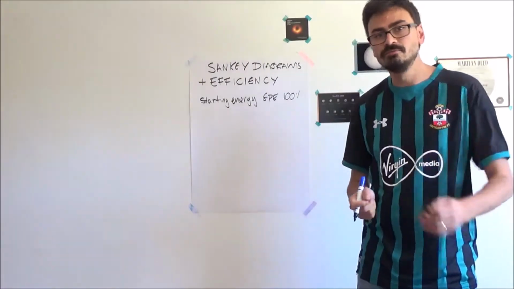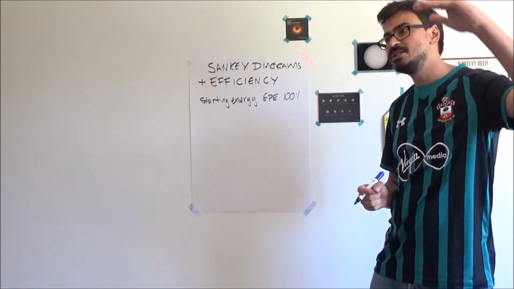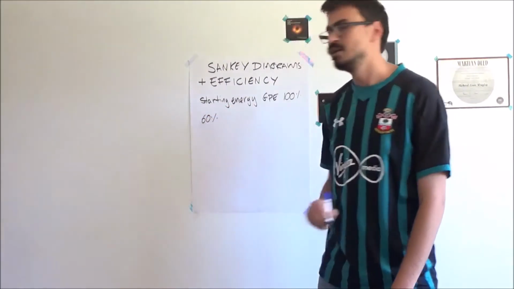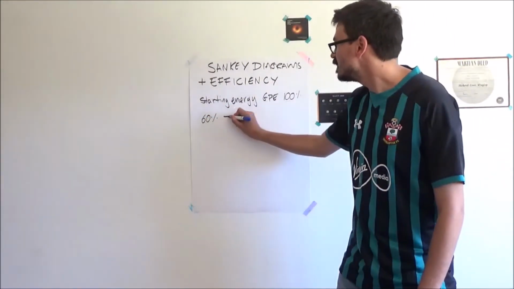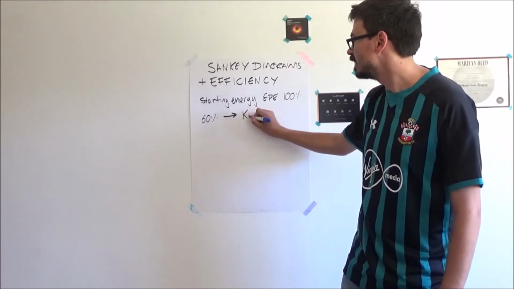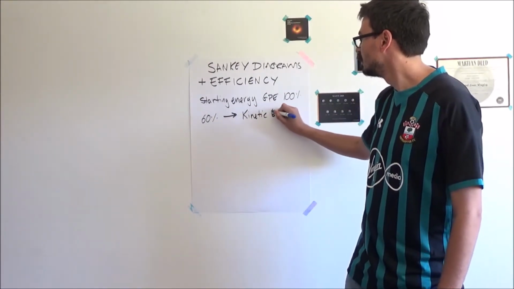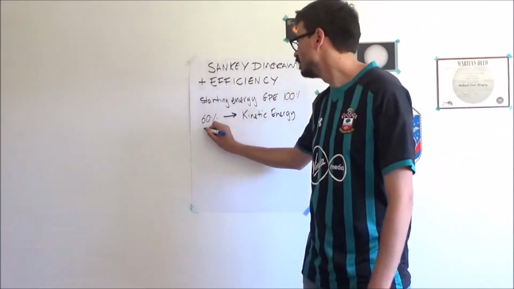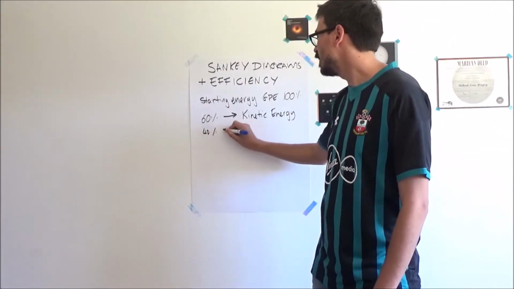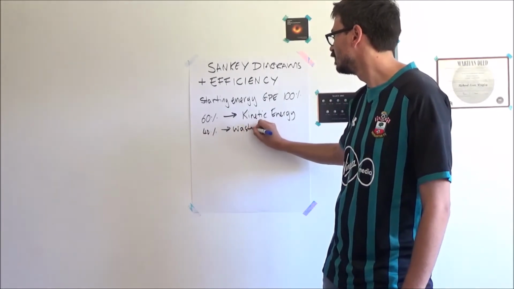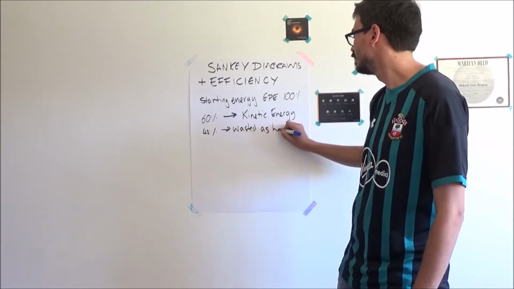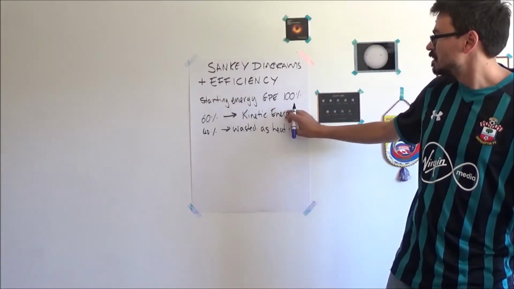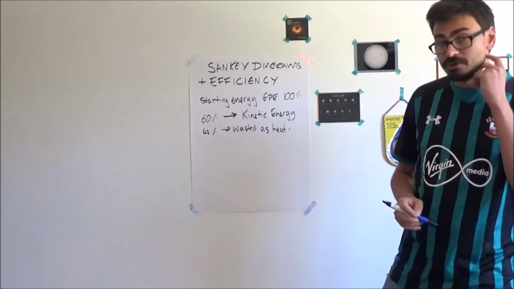In the example, we're going to say that 60% of the energy went into kinetic energy, and the other 40% was wasted as heat. Okay, so we've got 60% going to kinetic energy, 40% wasted as heat.